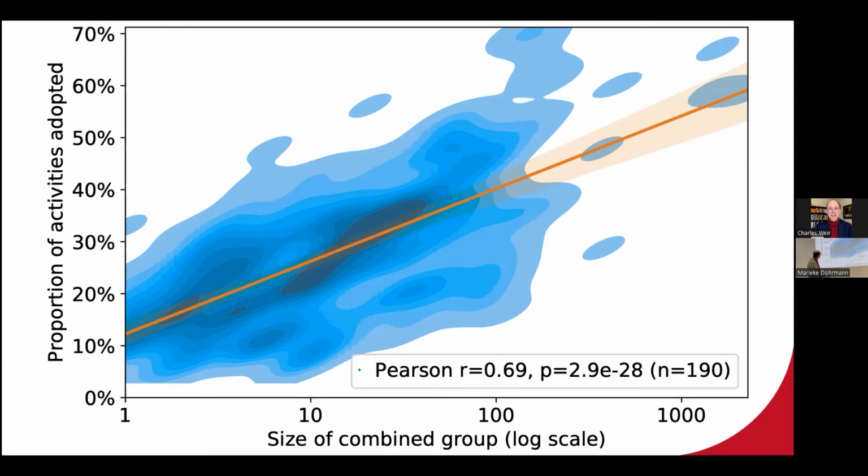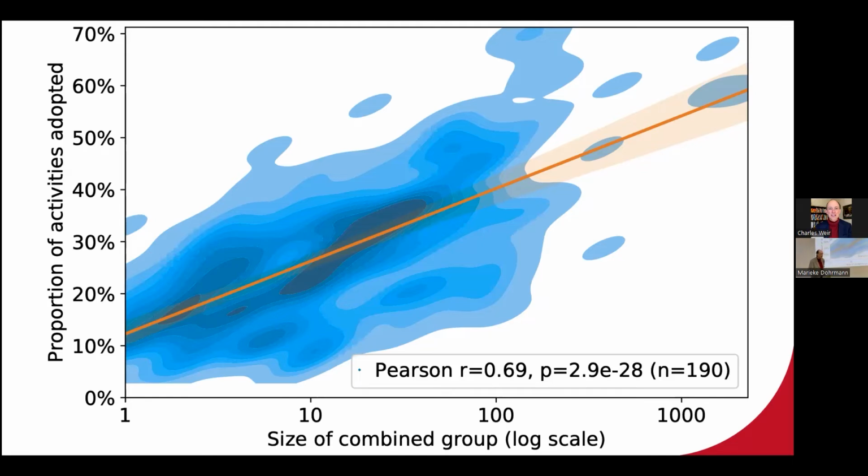And to my astonishment, it is absolutely clear that if you want to adopt a large number of activities, what you need is that satellite. There were correlations with the company size and with the number of people in the central security team, but this one was by far the best correlation.